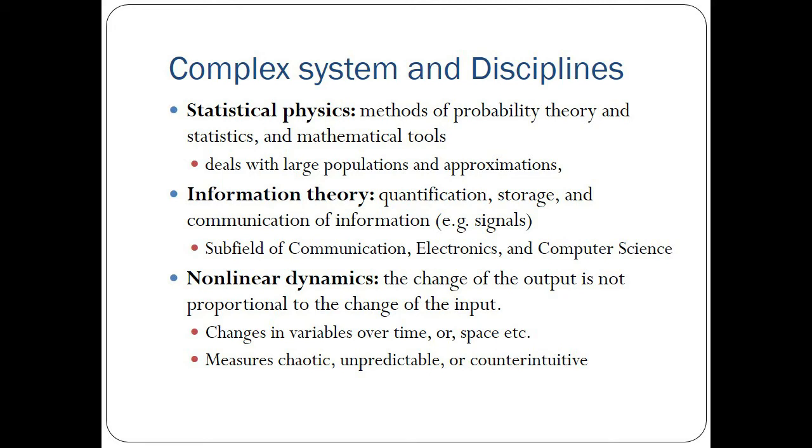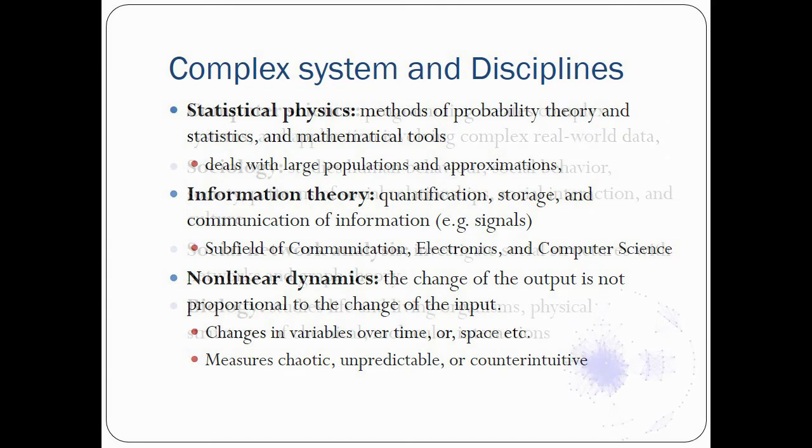The change you make in the input will not be exactly reflected as a change in output, so there will be some variation. It means you have change in variables over time or space, and you can plot it as nonlinear equations, polynomial equations. Then there are measures of chaotic behavior. Unpredictability is also there in this type of nonlinear dynamics. Then counterintuitiveness is also there in nonlinear dynamics.